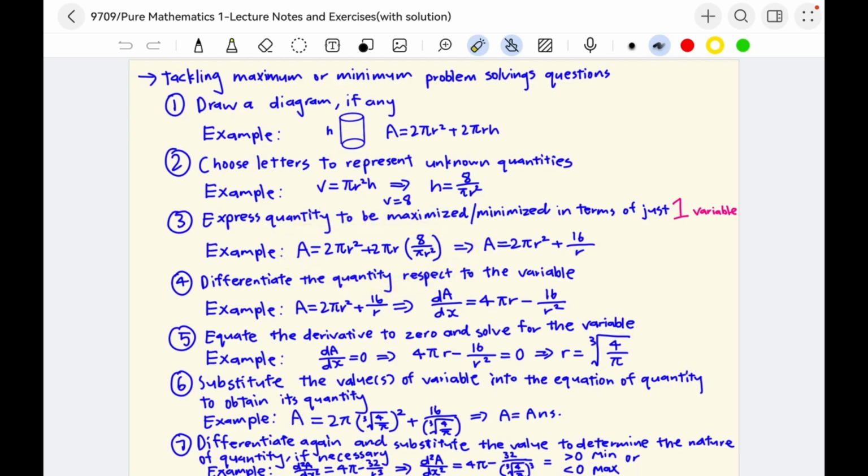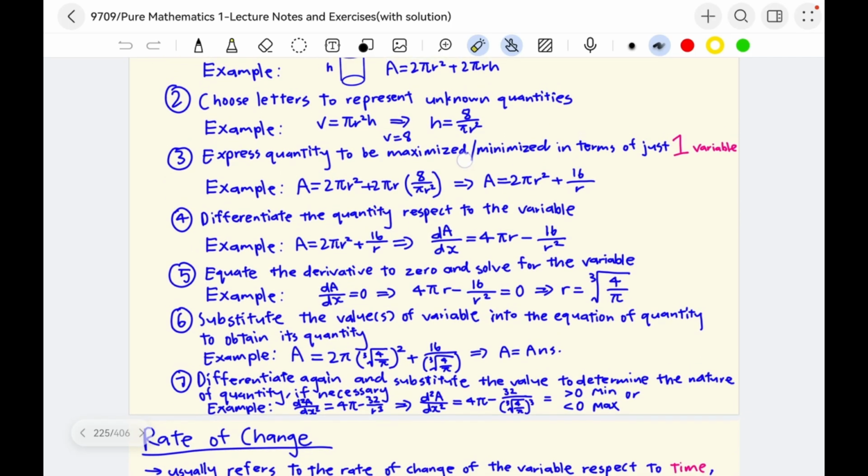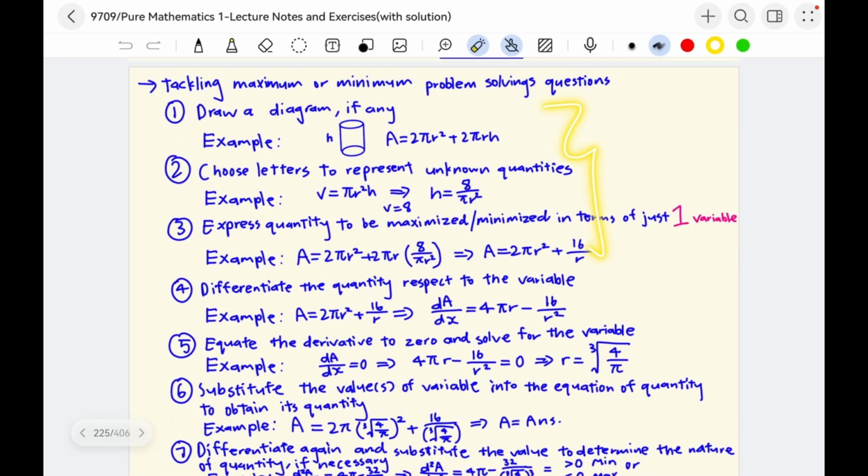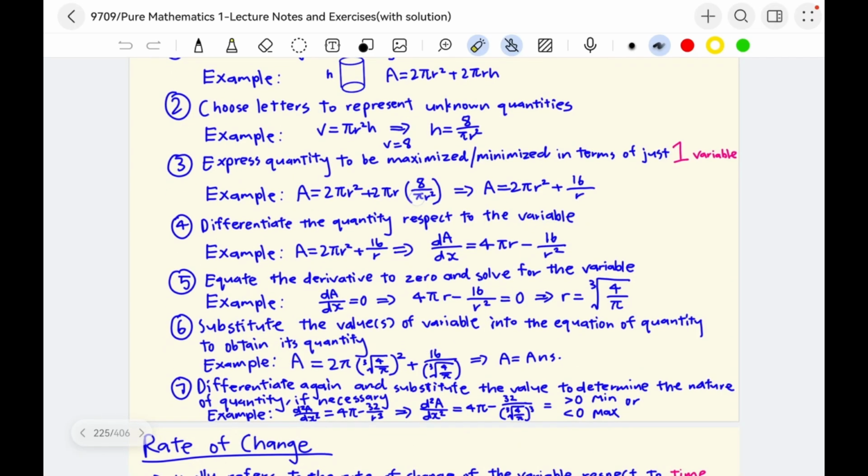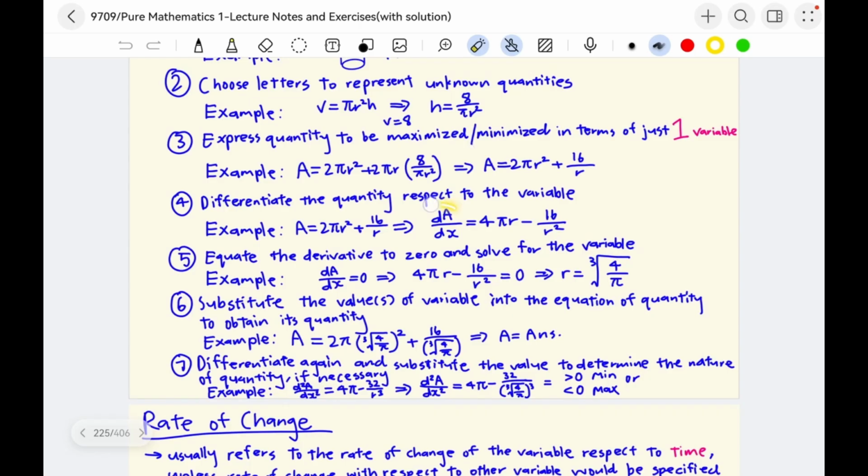So I want to take the A in terms of r, so get rid of the other unrelated variables, using your previous mathematical knowledge. Then differentiate the quantity with respect to the variable, because I want to find the stationary values of the quantity. So you have to set the derivative equal to 0 to get the variable.